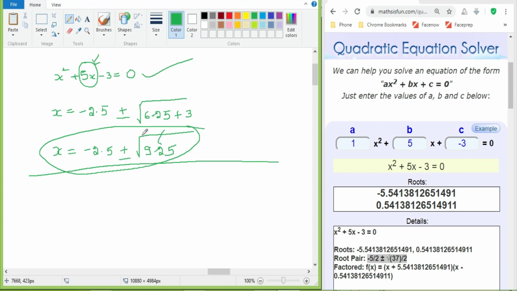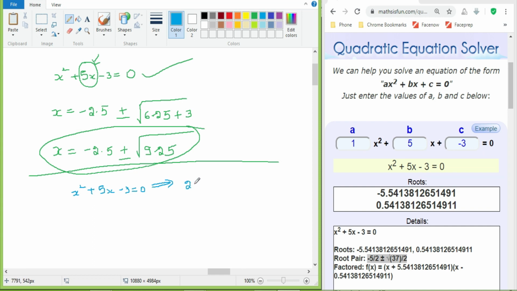Okay. Next, when it is odd, what we can do is convert this in terms of even. How to convert it in terms of even, guys? Multiplying the equation by 2.